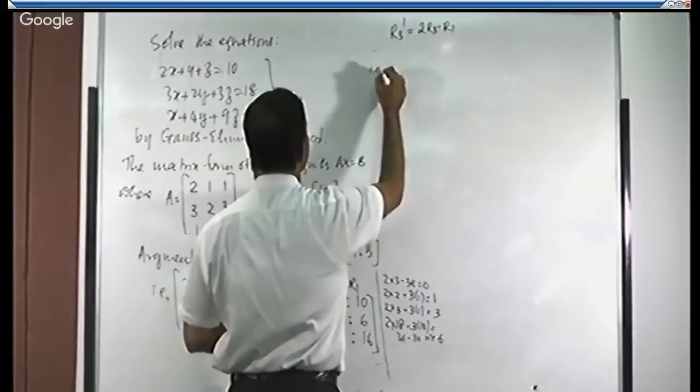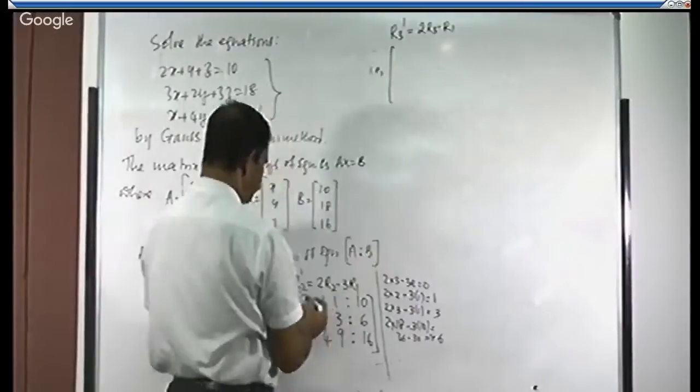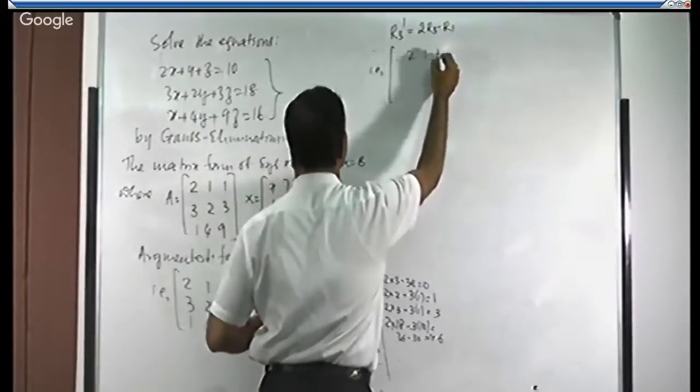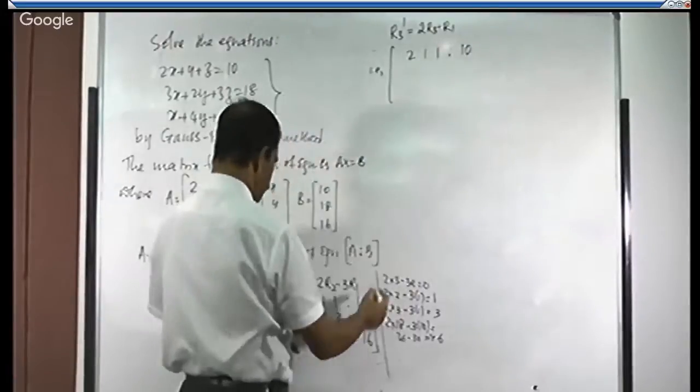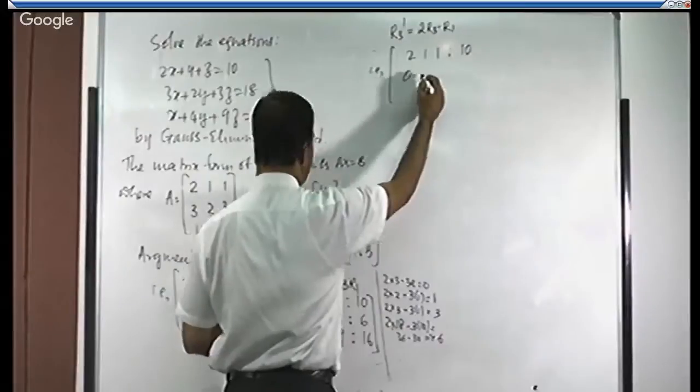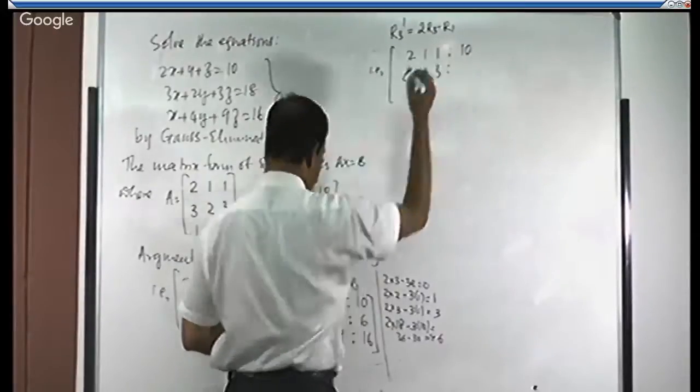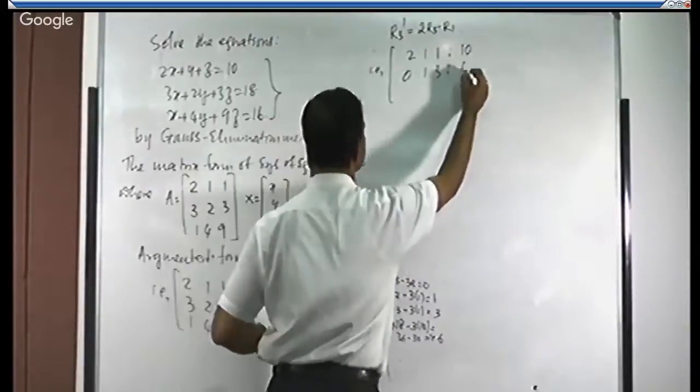First row, take it as it is, 2, 1, 1 is to 10. Second row, you take it 0, 1, 3 is to 6.